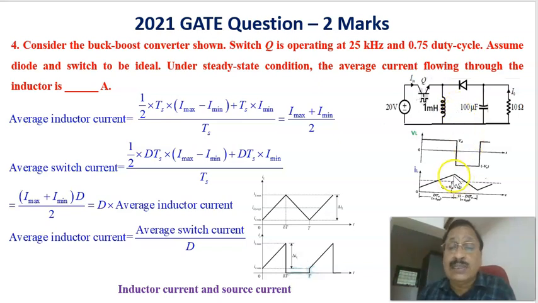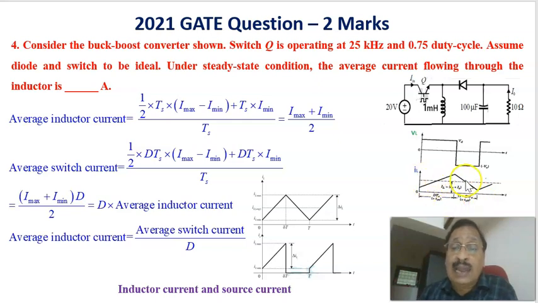That is why the current has a negative slope, going from the maximum value to the minimum value. Therefore, this is the inductor current that varies based on the voltage across the inductor. During the on period, the voltage across the inductor is the same as the input voltage and the current is building up, and during the off period of the switch, the voltage across the inductor equals minus V0. Therefore, the current is decaying like this.